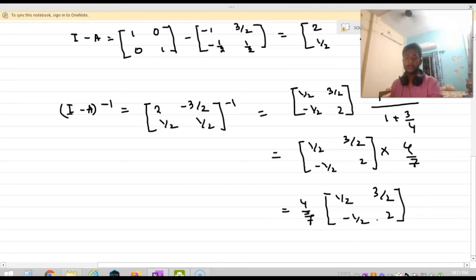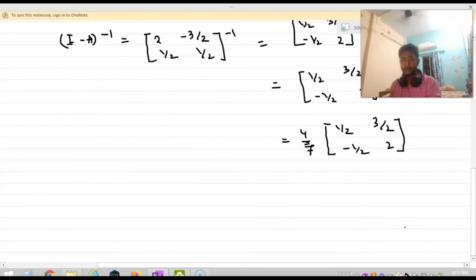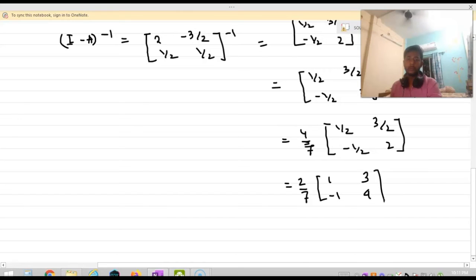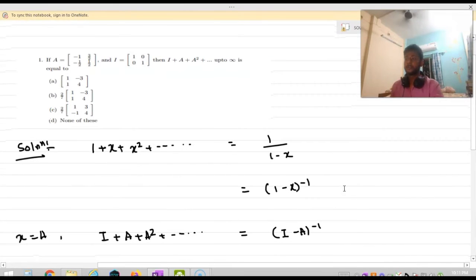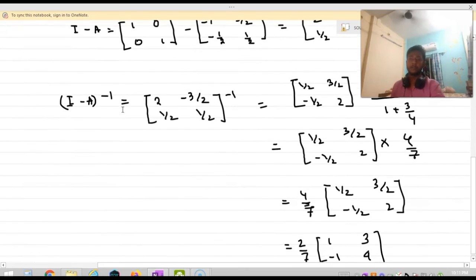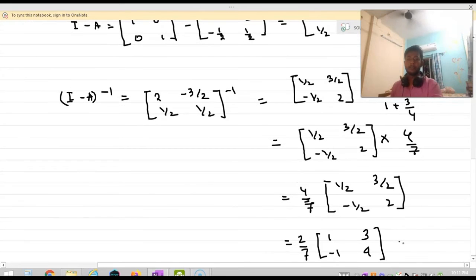We can also write this as 2 by 7 into the matrix 1, 3, minus 1, 4. So this is our answer. Let us see the options. That is 2 by 7 into 1 3 minus 1 4, so option C is our correct option. That's all about question number 1.